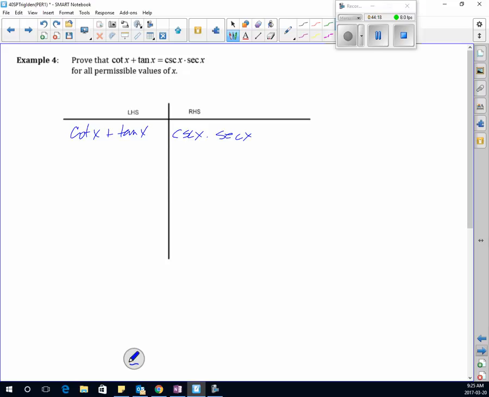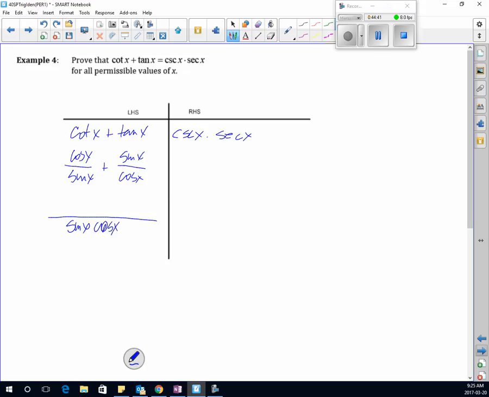This isn't x's. Otherwise, you'll lose a half mark for introducing a variable. Okay, so cos x over sine x plus sine x over cos x. What's my common denominator? Sine x cos x.